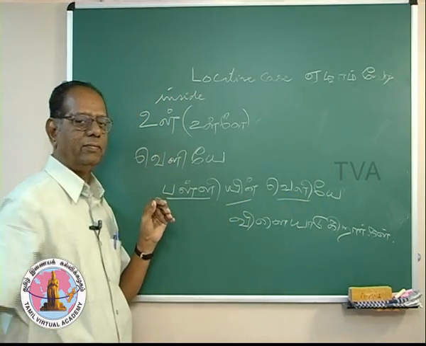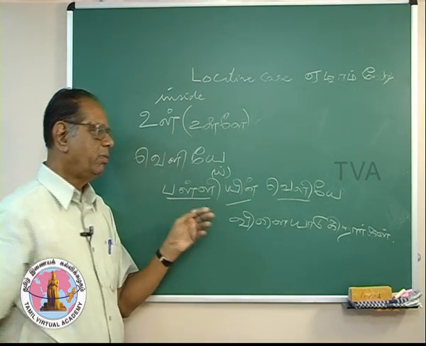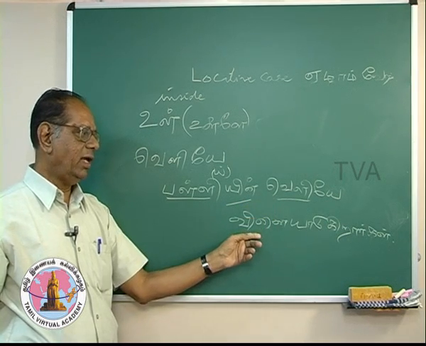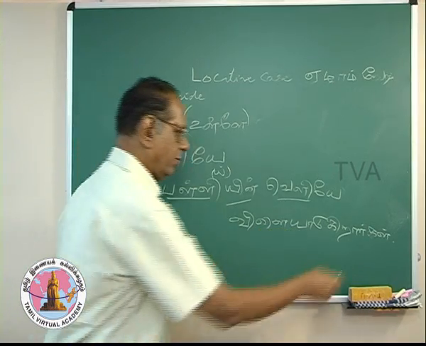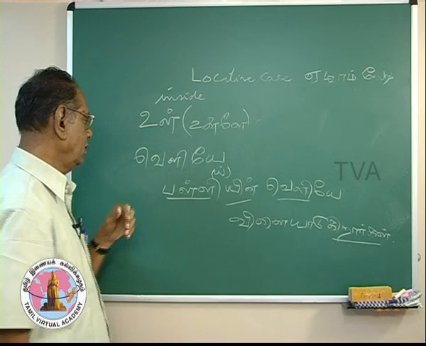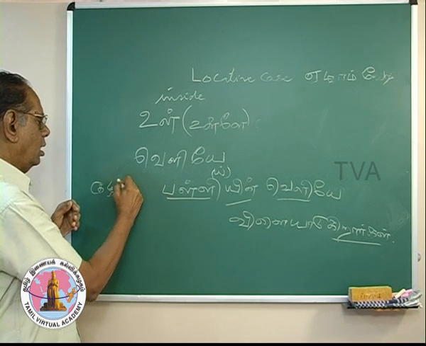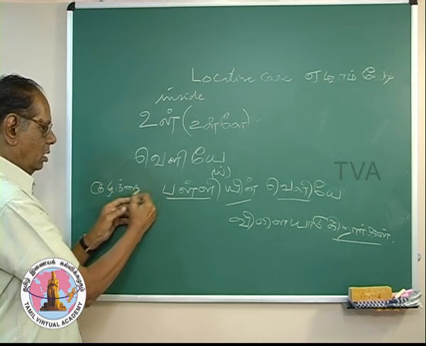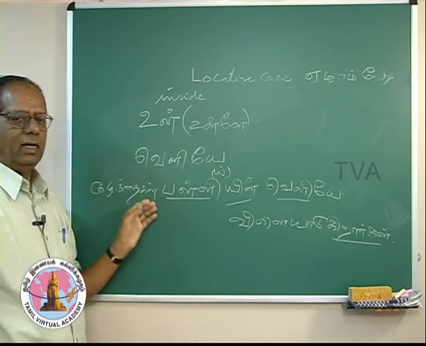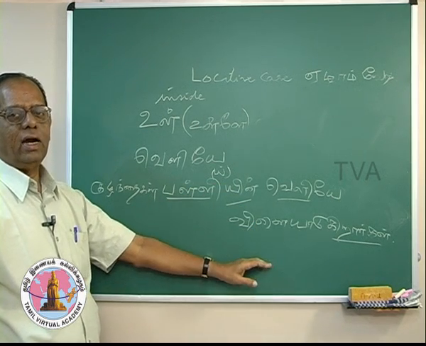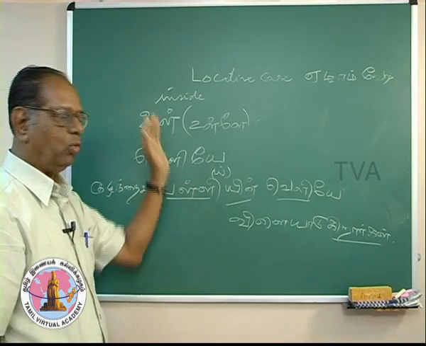This is a suffix. This ends with E, so naturally there is a semi-vowel. விளையாடுகிறார்கள், play, plural. So naturally the subject must be in plural. குழந்தைகள் பள்ளியின் வெளியே விளையாடுகிறார்கள். குழந்தைகள், children. Children play outside the school.